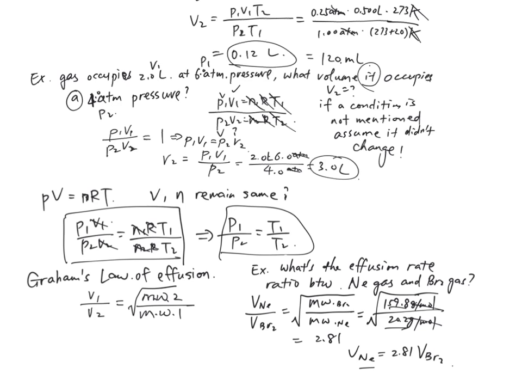And now the last type of calculation of ideal gas that we're going to introduce here is called the Gay-Lussac's law of combining volumes. What is this? I don't need you to remember the name.